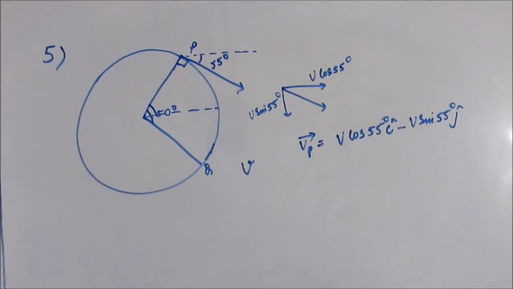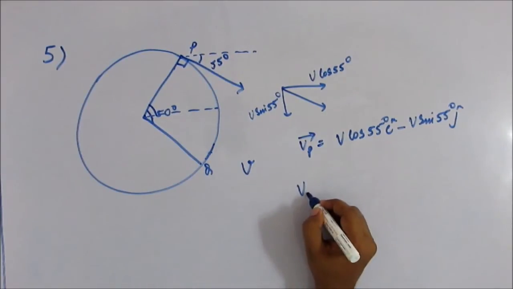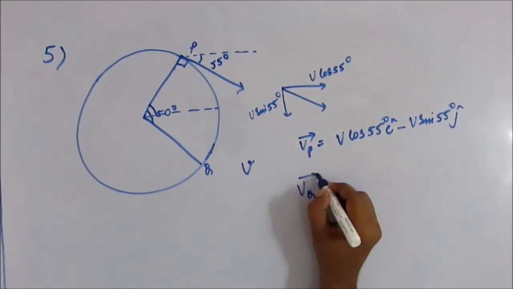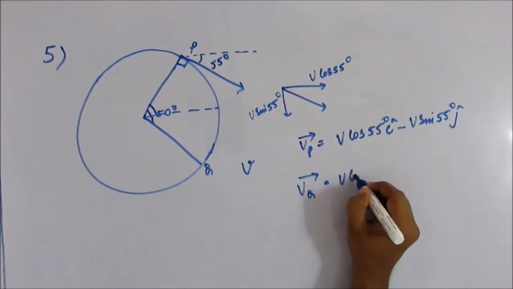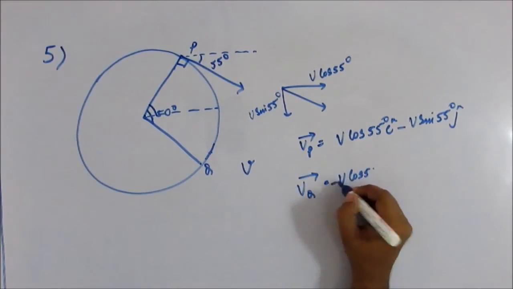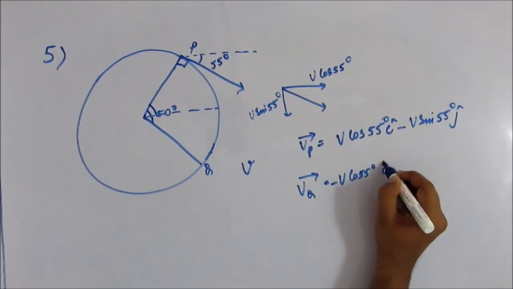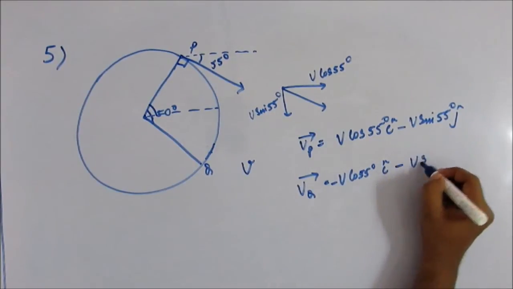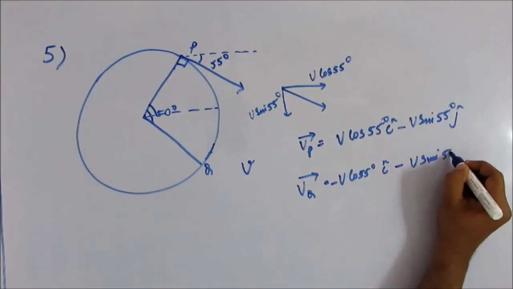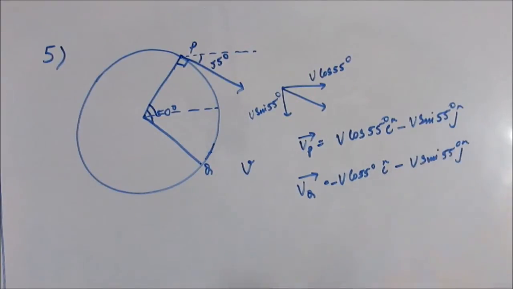This is minus because it is along negative y direction. Similarly, if you do the same analysis, you'll get the velocity vector at Q as minus v cos 55 degree i cap minus v sine 55 degree j cap.